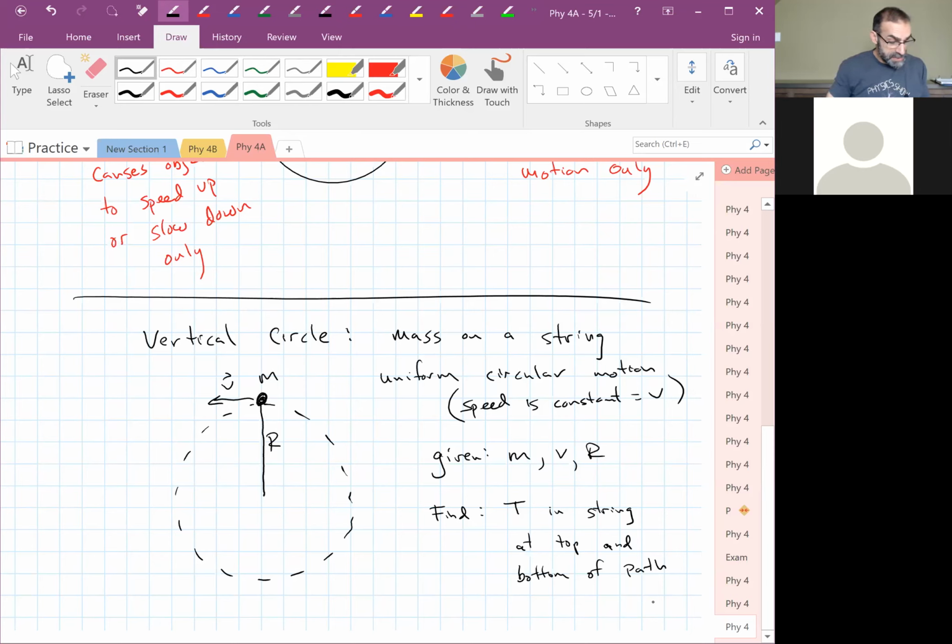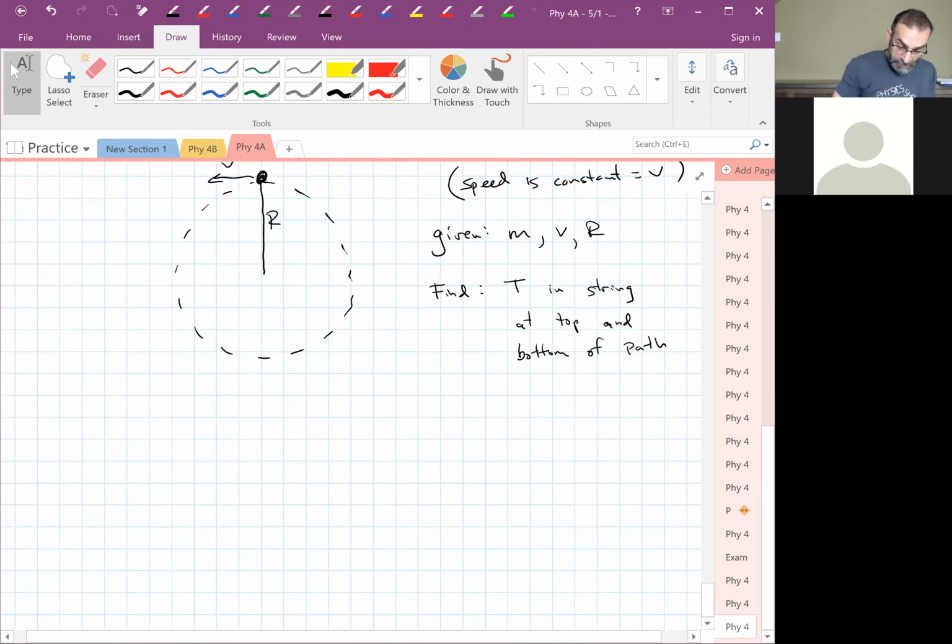Okay, so let's draw a free body diagram. Let's do the bottom first. Draw a free body diagram for the object at the bottom there.